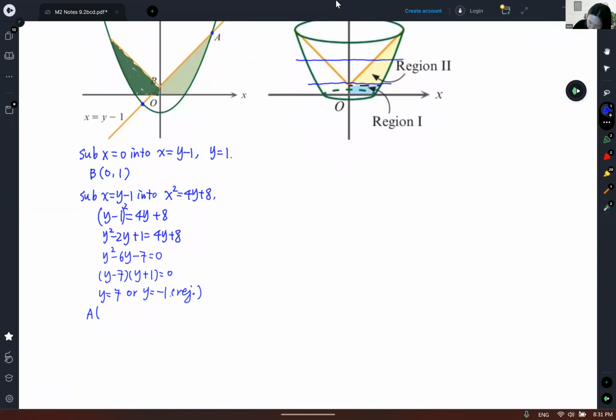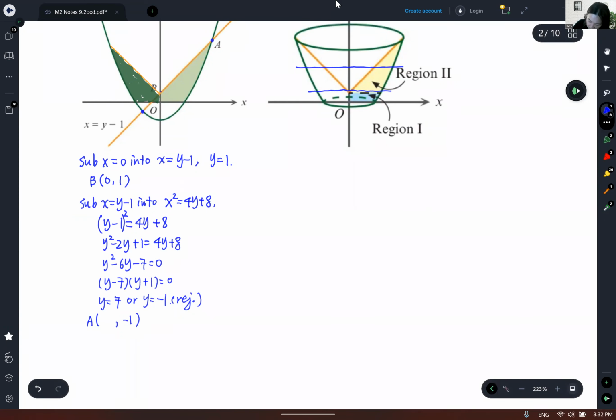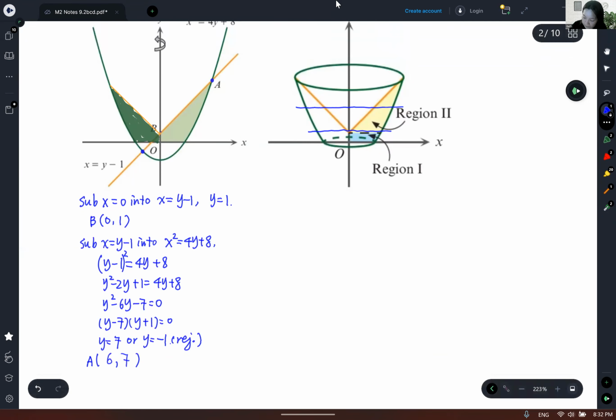So a is 7. Okay, so this point is (6, 7), and this point is (0, 1).